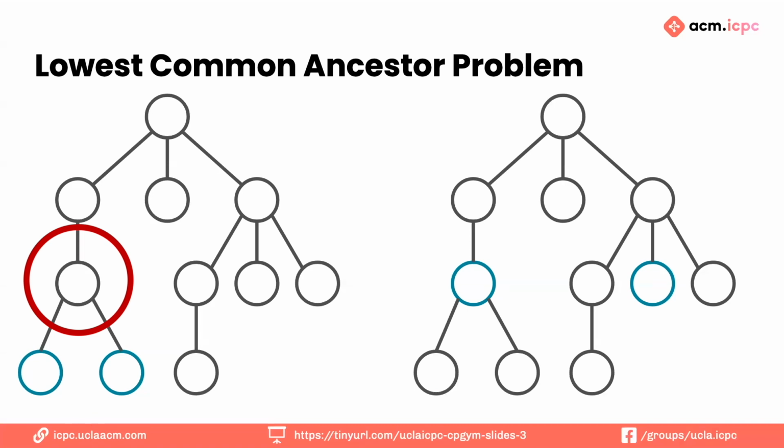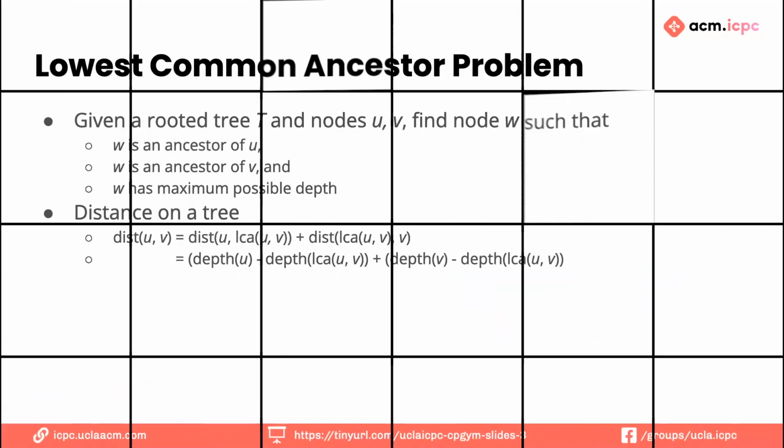Or if you want to formalize it, it's just the one with the greatest depth. So here, if we're trying to find the lowest common ancestor of this node and that node, that's not a common ancestor, not a common ancestor, that's a common ancestor, and that's the only one. So it's the lowest common ancestor. Yep, as shown here, those are the lowest common ancestors.